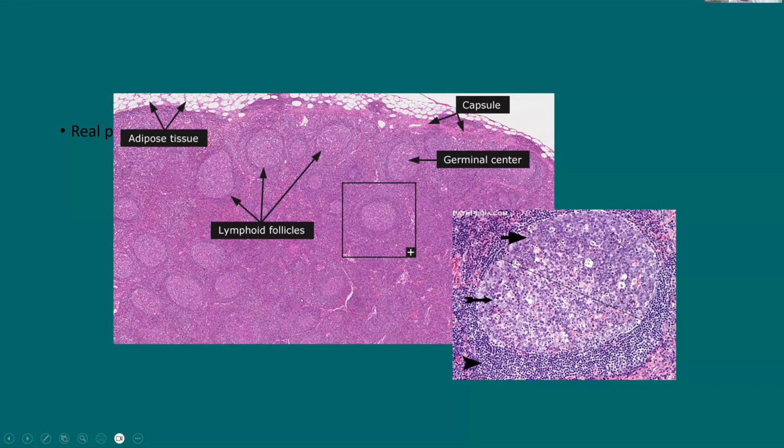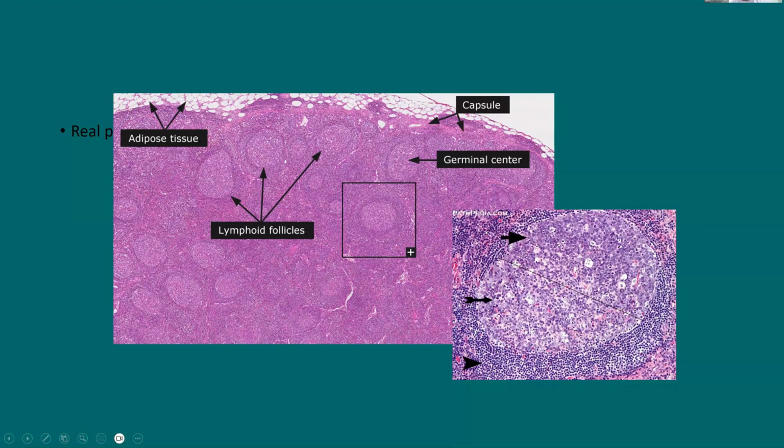There will be primary follicles as well as secondary follicles. How do we know that it is a reactive germinal center versus a diseased one? We have something called polarity. One area of the follicle will be darker than the other area, with maintained tingible body macrophages.